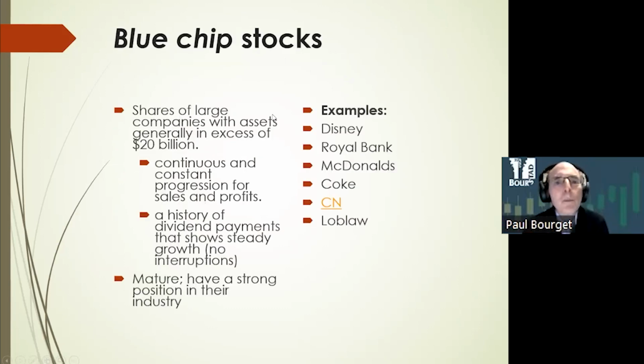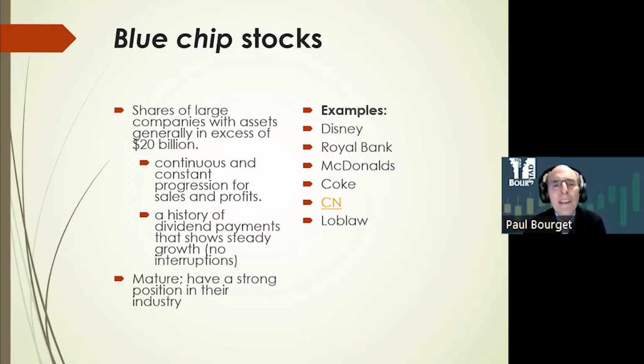Okay, first, the blue chips. Shares of large companies with assets generally in excess of 20 billion. So sales and profits are in continuous and constant progression. We have a history of dividend payment that shows steady growth, no interruptions. And we're talking about major companies that have a strong position in their industries.